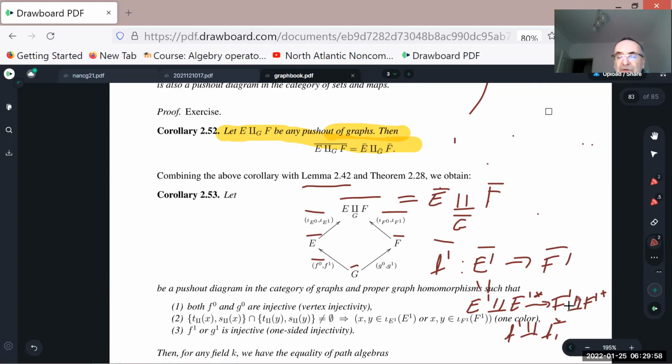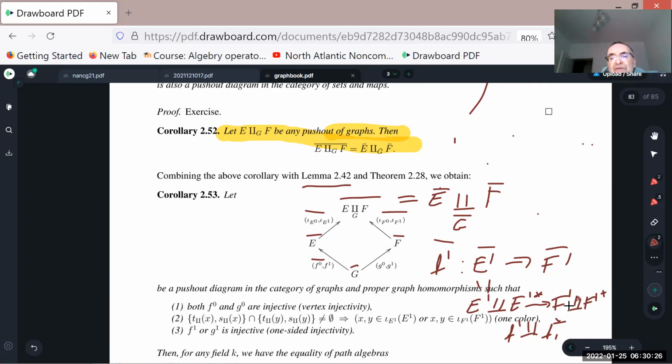But doing so would require that F1 is no longer injective, or that F1 star is no longer injective. But this F1 star is, of course, just a copy of F1. So these are basically identical maps, just on copies of sets. So failure of injectivity here would imply failure of injectivity there.